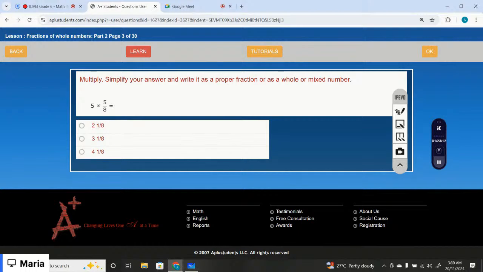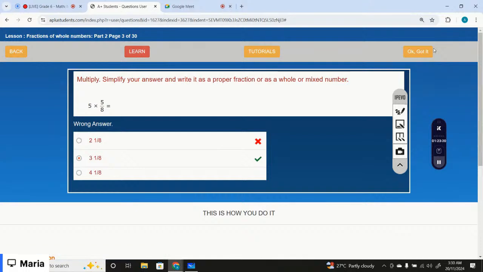So you have to do 5 times 5 is 25. Very good. That is 3 whole 1 over 8. Option number 2 is the correct option, right?